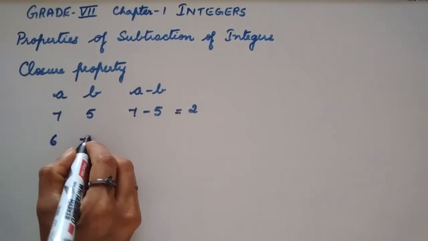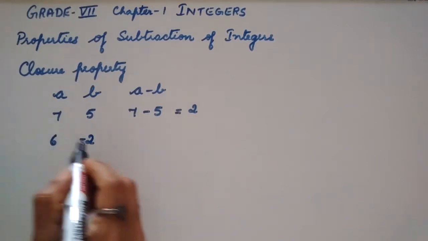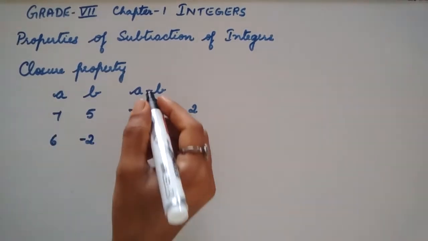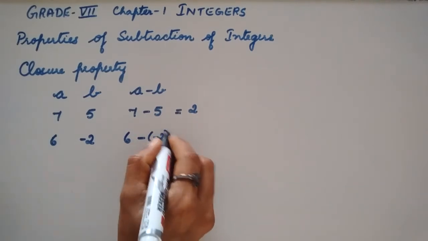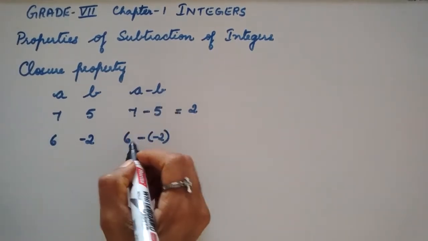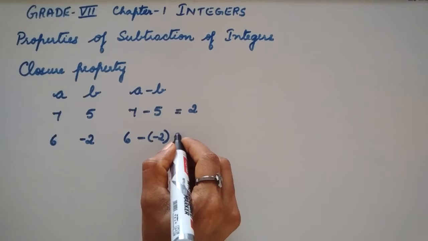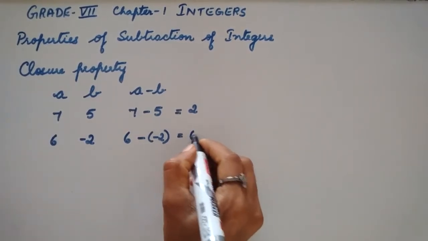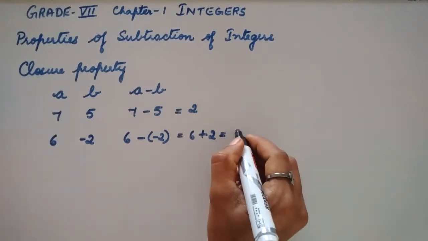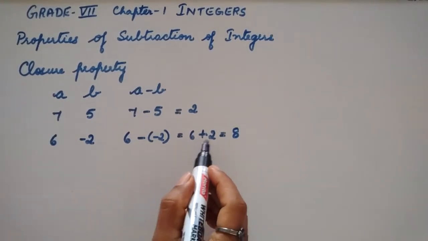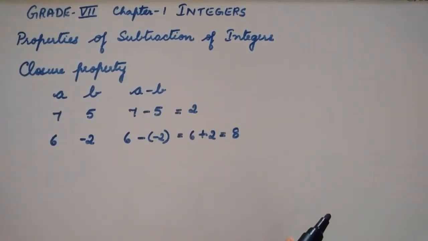6 and minus 2 are two integers. So 6 minus minus 2, that is a minus b, is 6 plus 2, which is equal to 8, and that is also an integer.